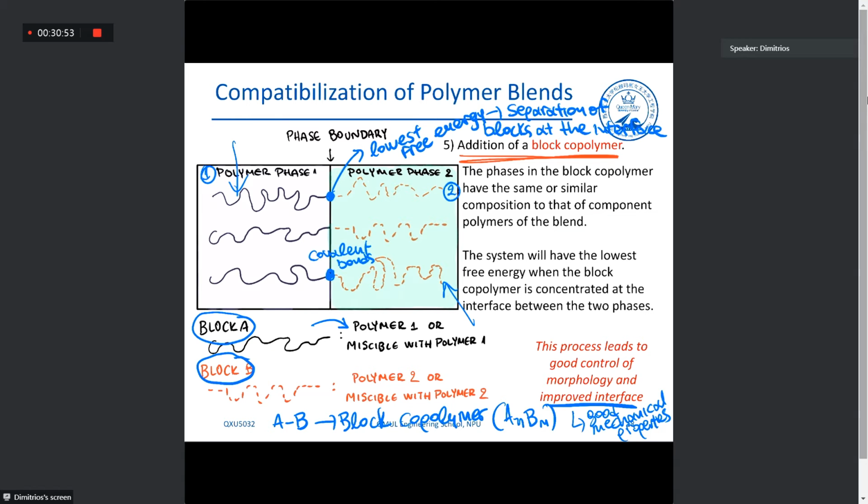Remember that mechanical properties are the properties most significantly affected by the interface. Of course, the majority of physical-chemical properties are affected by the interface, but mechanical properties are the ones most strongly affected by interfacial adhesion and generally the properties of the interface.